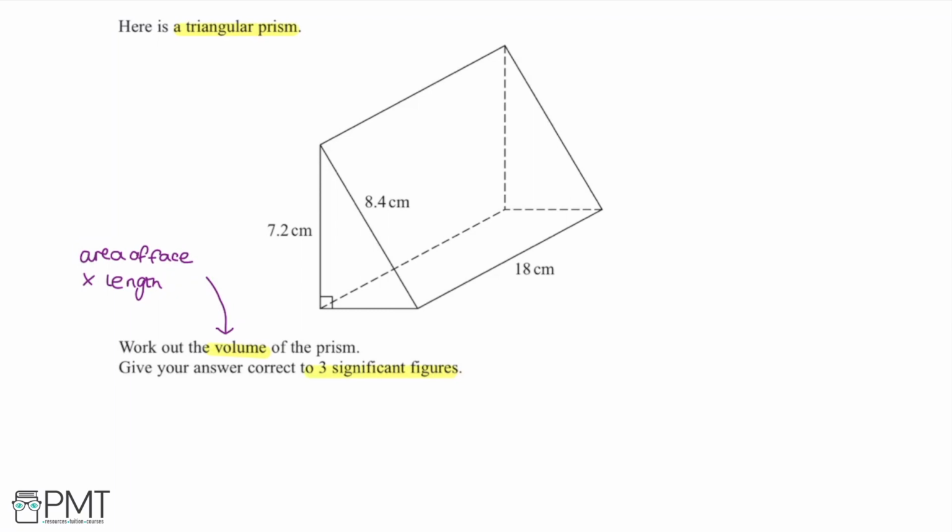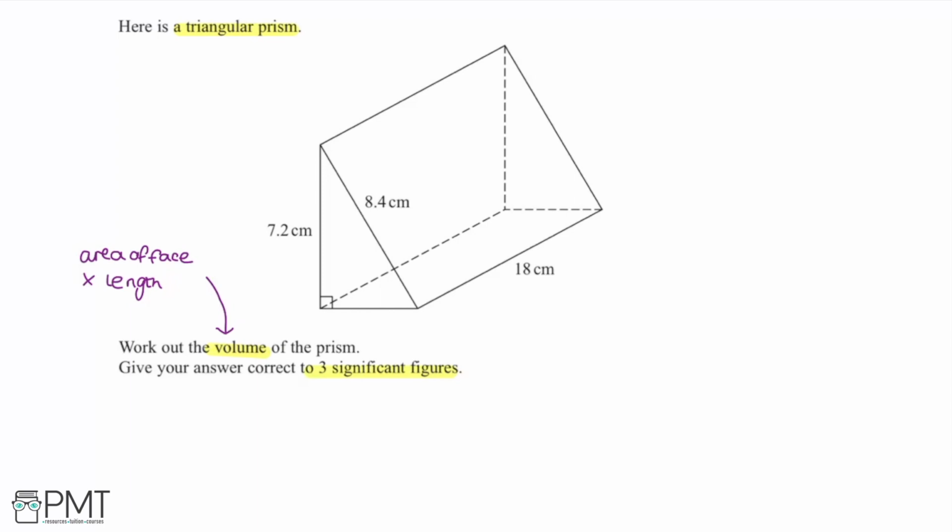However, the formula for the area of a triangle is a half multiplied by the base of the triangle multiplied by the height. However, we don't have a value for the base of the triangle. We don't know how long this side is. But we do know the height and the hypotenuse, so we can use these two values to work out the base using Pythagoras' formula.